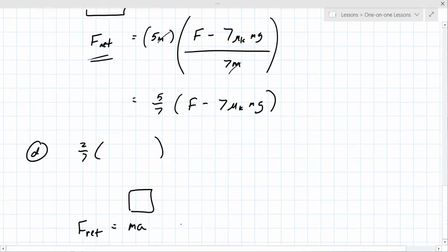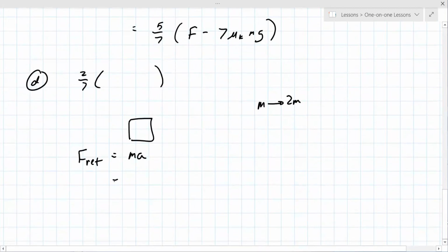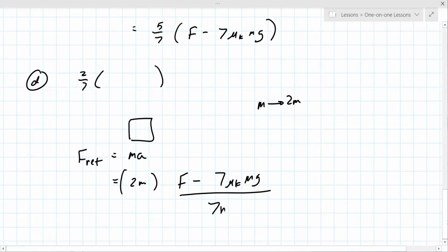The mass is really 2m, and the acceleration is the same as in the previous part: F minus 7 mu k mg all over 7m. And the m's cancel again, so you end up getting 2/7 (F minus 7 mu k mg).